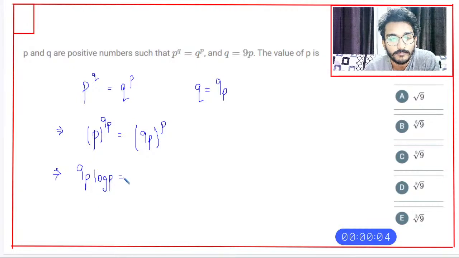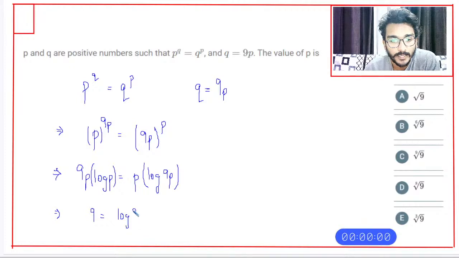This is the fundamental of log. I hope you remember these concepts. And this is log of 9p. So p will cancel out. We have 9 equals log 9p divided by log p.